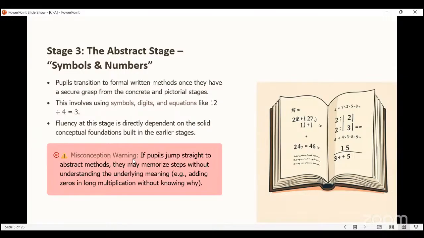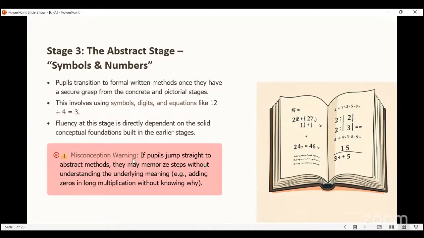So, misconception warning. If pupils jump straight to abstract method, they may memorize steps without understanding the underlying meaning, e.g., adding zeros in long multiplication without knowing why.